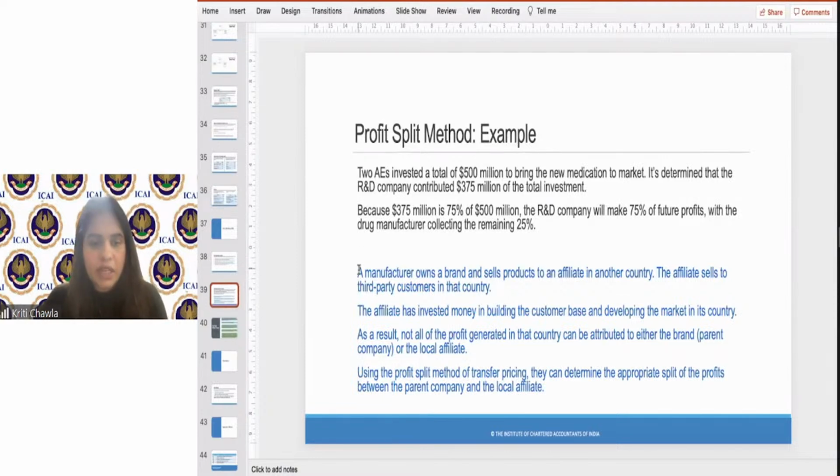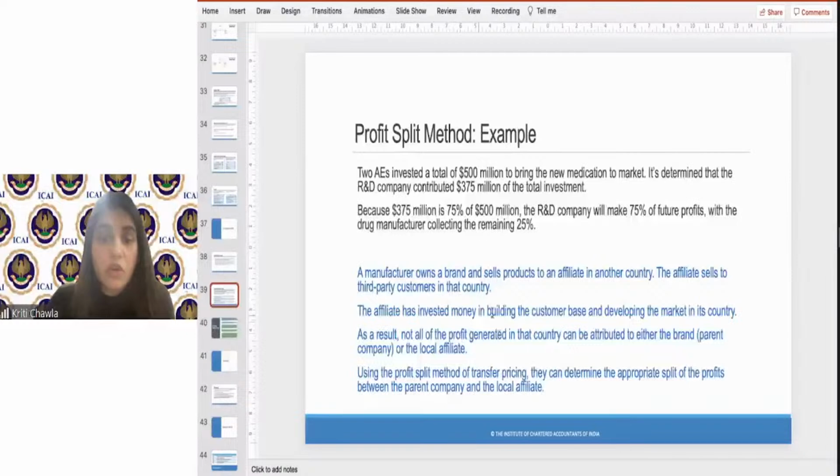Let's take another example, where a manufacturer owns a brand and sells products to an affiliate in another country. The affiliate sells to third-party customers in that country. So there's a manufacturer selling to a related party, and the related party then sells that product to third-party customers. The affiliate has invested money in building the customer base and developing the market in its country.